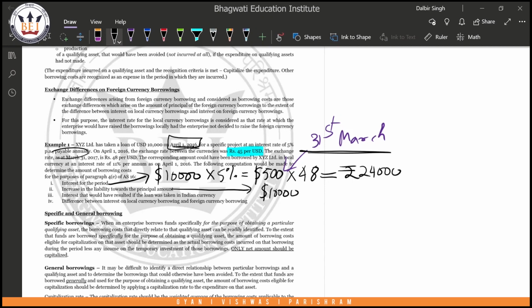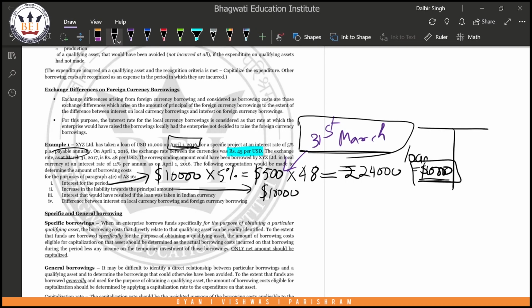Now when I come to the end of the year, that is on 31st March, when I have to show my balance sheet, I have to show a loan. Now this loan should be equal to dollar 10,000. That is my liability. What is the rate of dollar which correctly reflects $10,000?